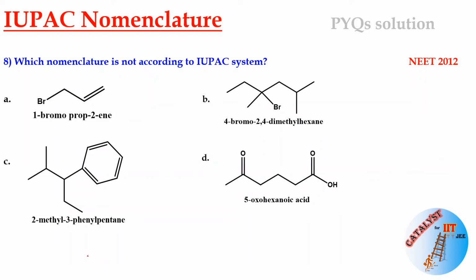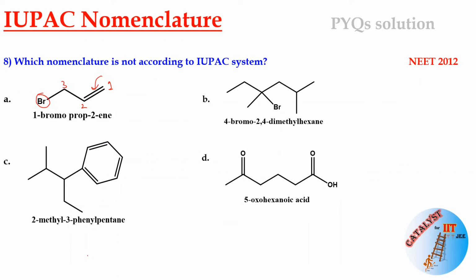according to the rule, you have to give the higher priority to your alkene rather than to your bromine. So you have to start numbering from this direction, 1, 2 and 3. And according to this numbering, on the third position a bromine substituent is present, and on the first position your double bond is present.